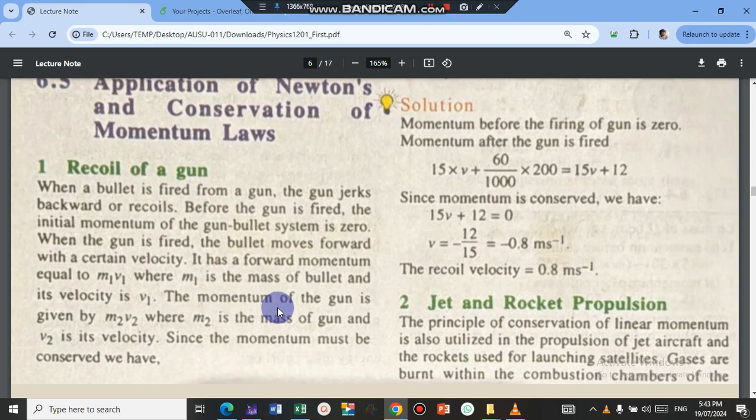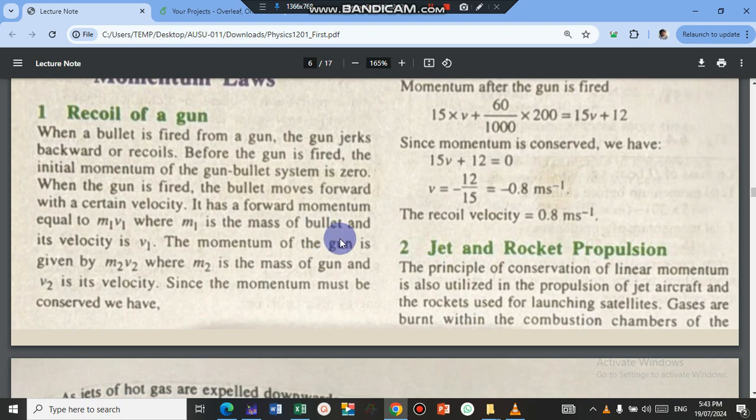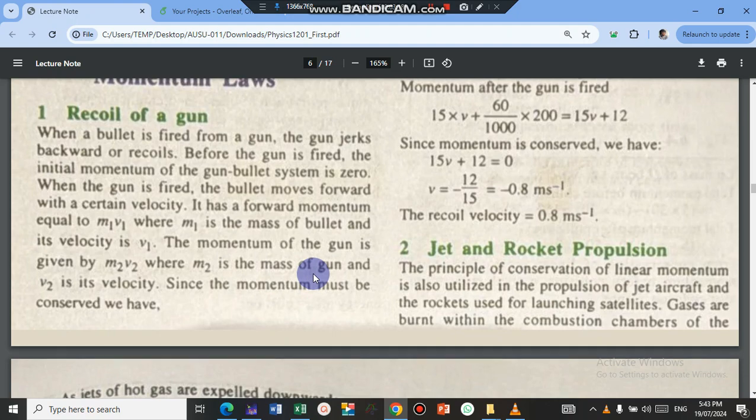Now the gun itself will have a momentum and it is given by m2 v2, meaning m2 is the mass of the gun and v2 is the velocity of the gun. But initially they had zero momentum because they were all at rest. Since the momentum must be conserved, remember we say total momentum before collision equals total momentum after collision.